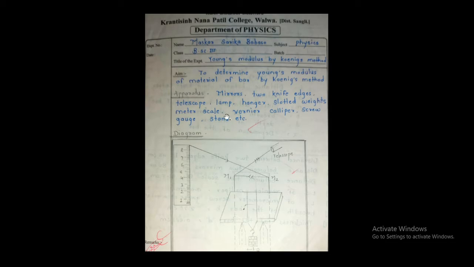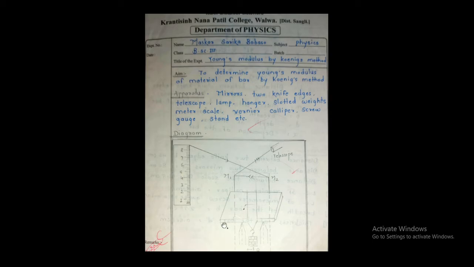For this, the apparatus is: two mirrors, two knife edges, 1 and 2, a telescope in order to focus the scale, a lamp for viewing clear readings on the scale, a hanger for applying the slotted weights to the bar, a meter scale, vernier caliper, micrometer screw gauge, and two mounting stands, one for the scale and one for the telescope.